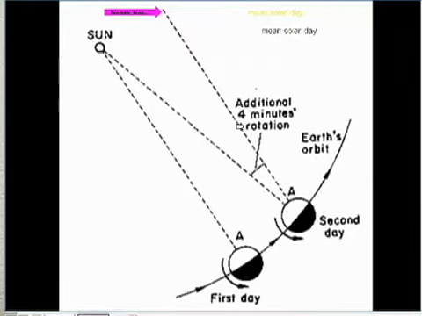For example, if I say we're going to have the meeting at 11 o'clock Central Standard Time, then if you're in Germany like Florian, the meeting is like 5 o'clock in the afternoon or something like that. Similarly, the difference between sidereal time and solar time adds up to 1 whole day per year, 4 minutes a day.